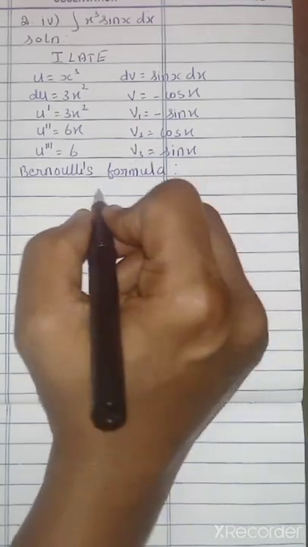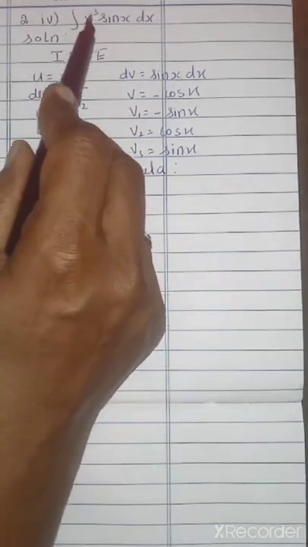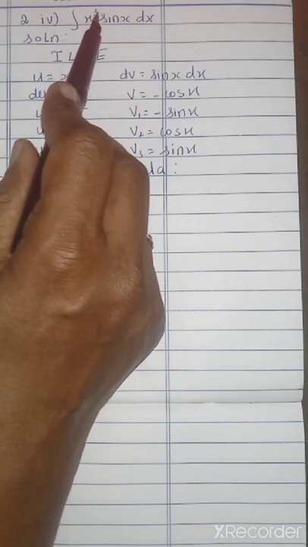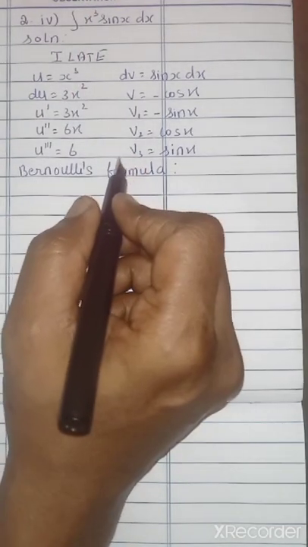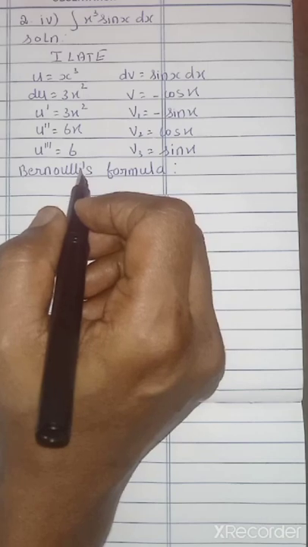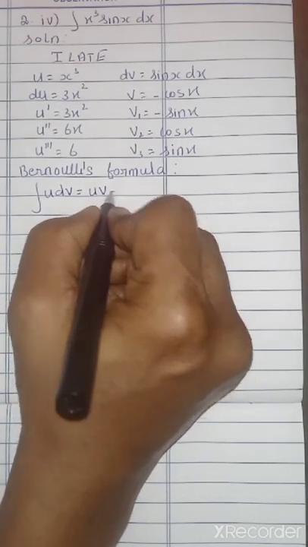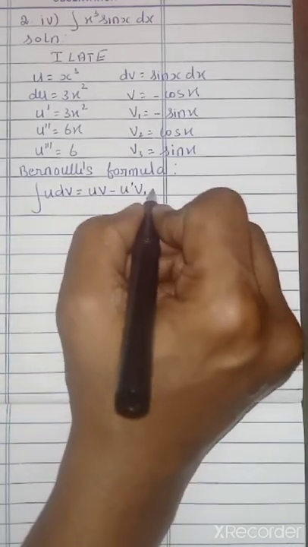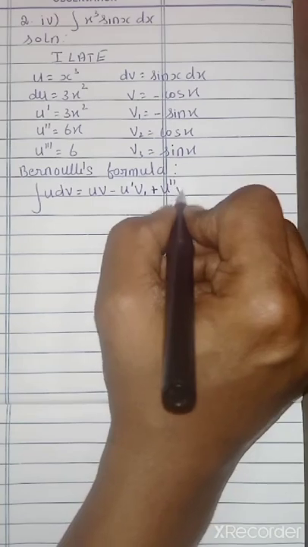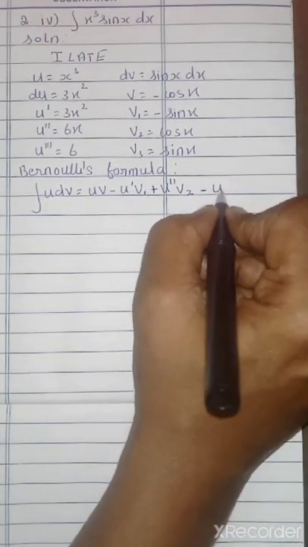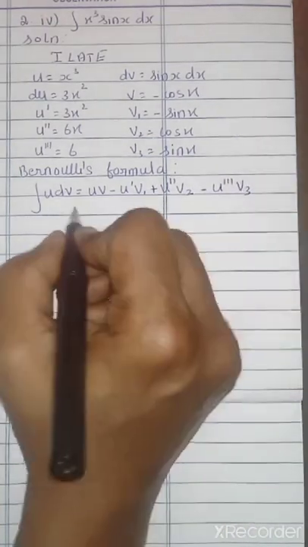When the power is more than 1, we can use this Bernoulli's formula. Your formula is integral u dv equals uv minus u dash v1 plus u double dash v2 minus u triple dash v3.